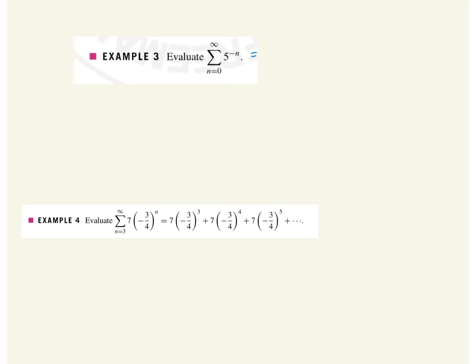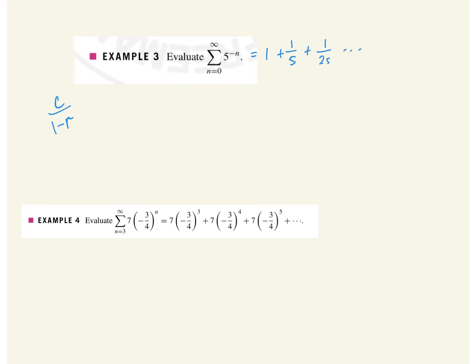Then maybe it's more clear to say what's the r, what's the c, etc. I'm observing that it begins at 0, so I can use c divided by 1 minus r. My first term, beginning at 0, would be 5 to the 0 power, or 1. My second term would be 5 to the negative 1 power, or 1/5. Then 5 to the negative second power, or 1 over 25, etc.